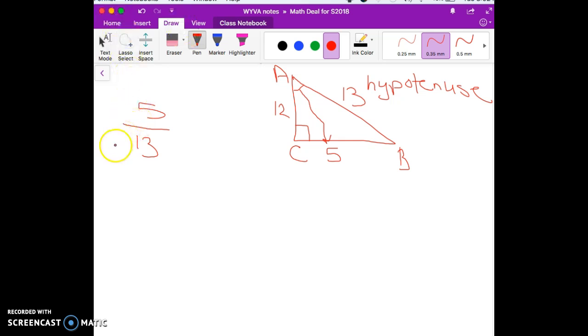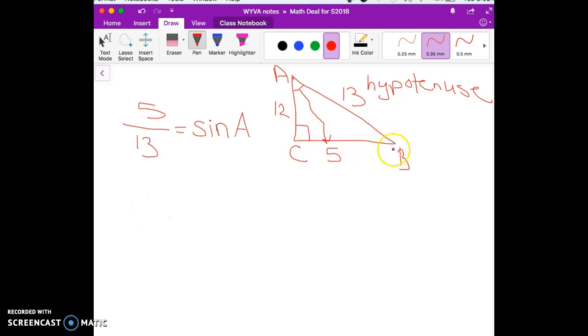Someone got really fancy and said, we're going to call that sine, S-I-N, of that angle A. So the sine of angle A is 5/13.